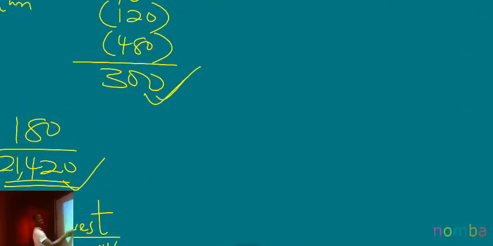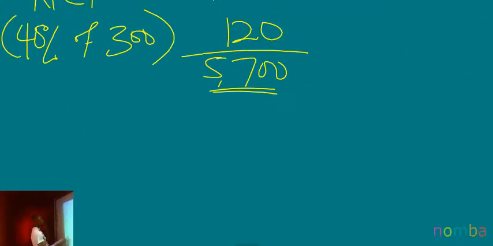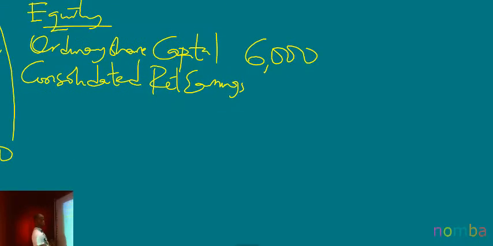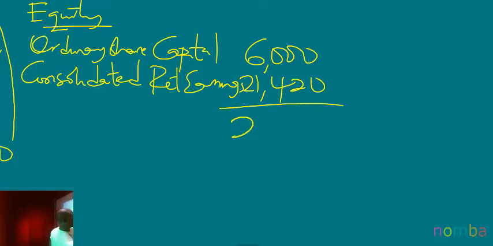So I will transfer it here as my consolidated retained earnings, 21,420. If I add these two together, it gives me 27,420.